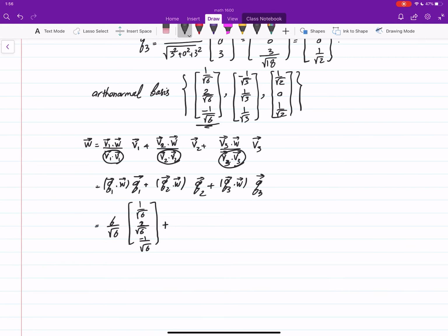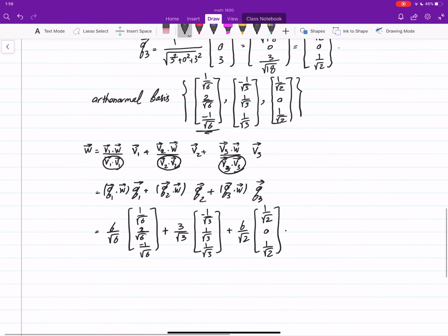This will be 3 over root 3, times (negative 1 over root 3, 1 over root 3, 1 over root 3). And for the last one, it will be 6 over root 2, times (1 over root 2, 0, 1 over root 2).